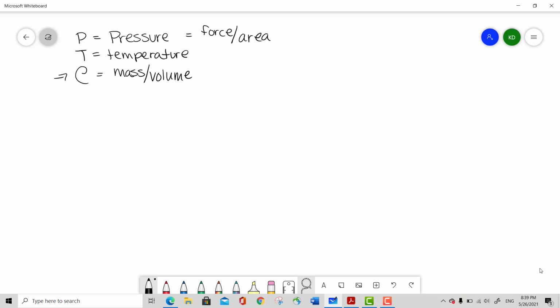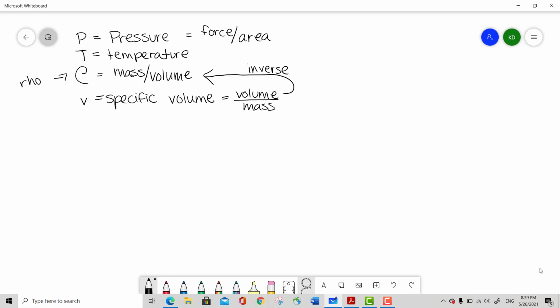And this is pronounced rho. And then lowercase v is specific volume. And that is volume over mass, which is the inverse of density.